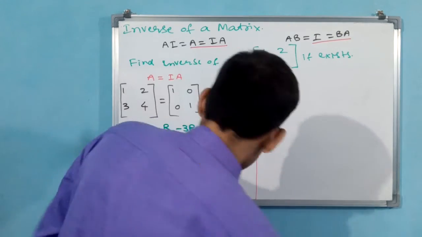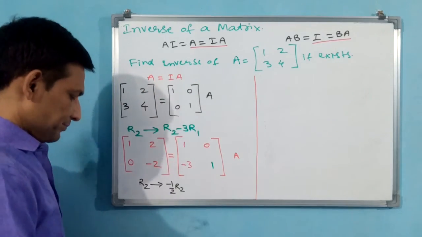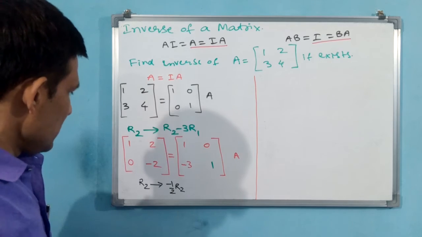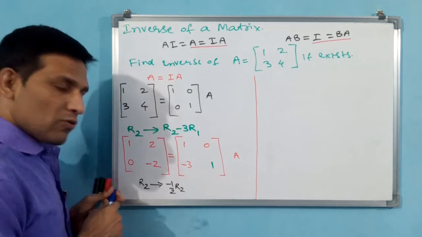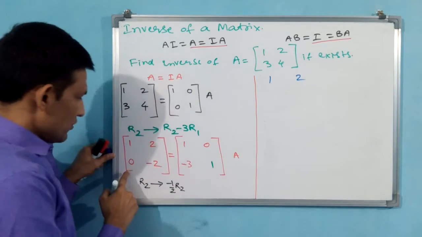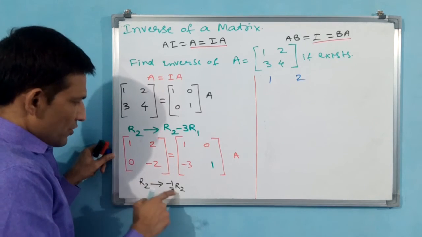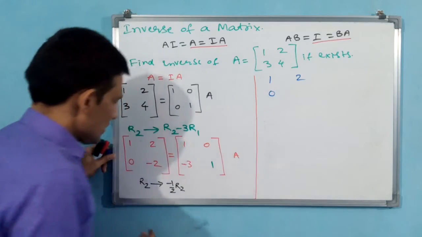Okay, now let us do this and write here. See, the change is in R2 only, not R1. Then R1 you have to copy simply: 1, 2. And 0 into minus 1 by 2: 0 into something is 0 only, so you write 0.